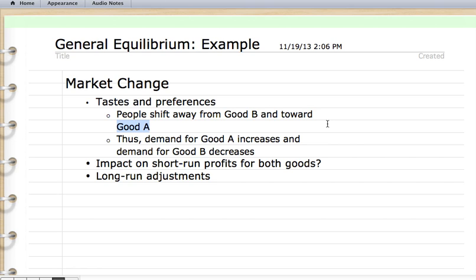And since their preferences are shifting away from good B, we're going to see the demand for good B decrease.